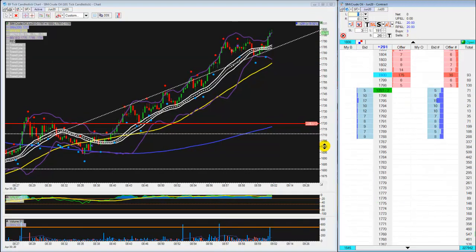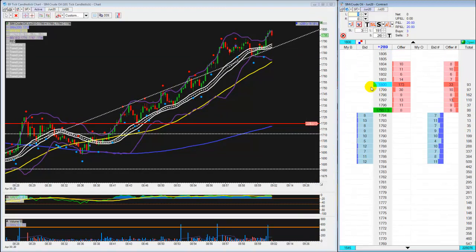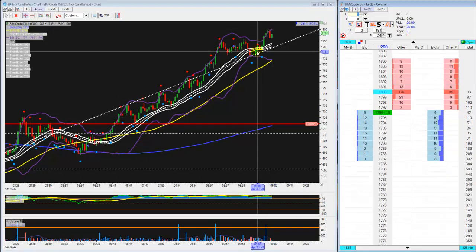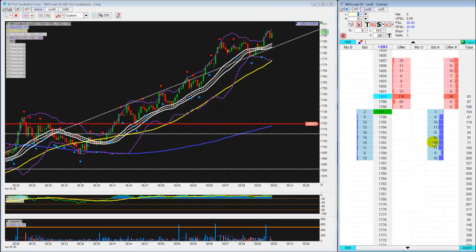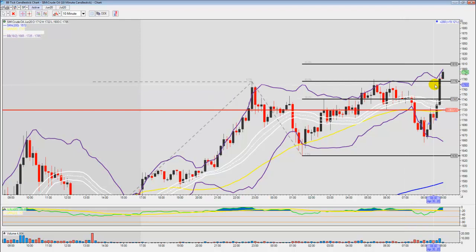Clear. 1800. Top of the band now. Pretty nice size run right here going on. 1810, 61.8 extension. Took a shot at around the 50%.